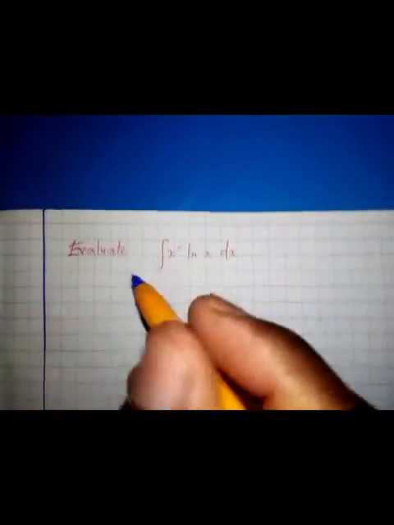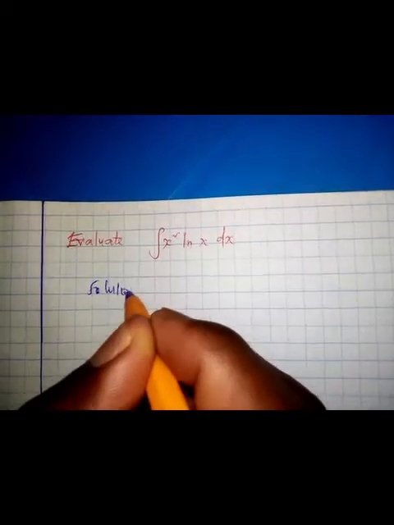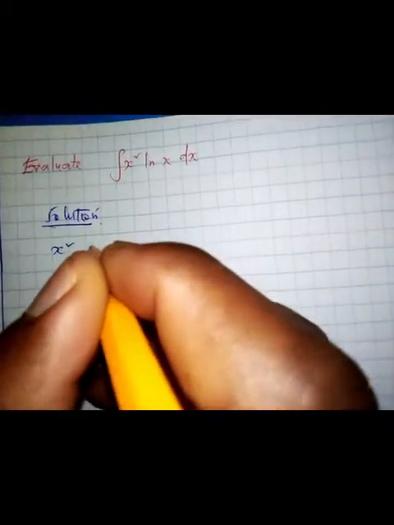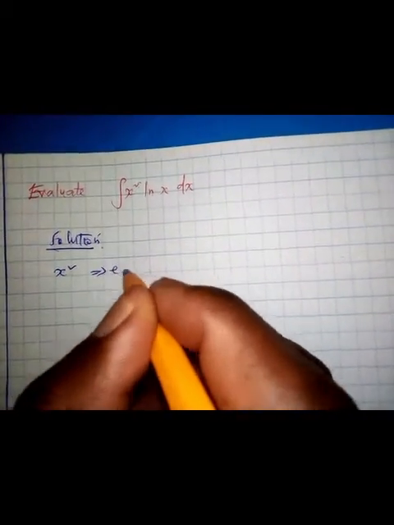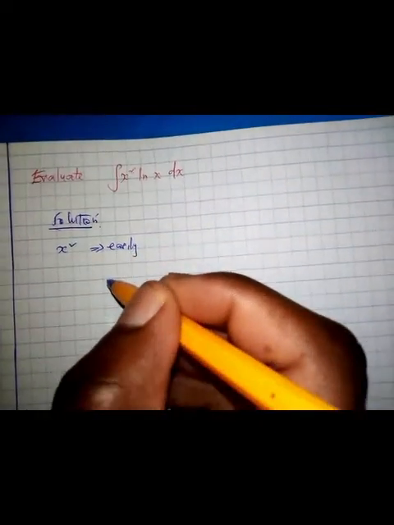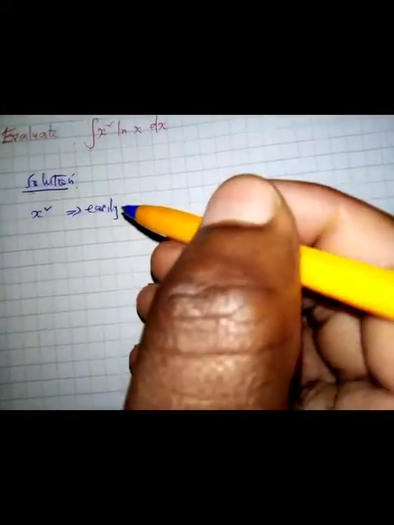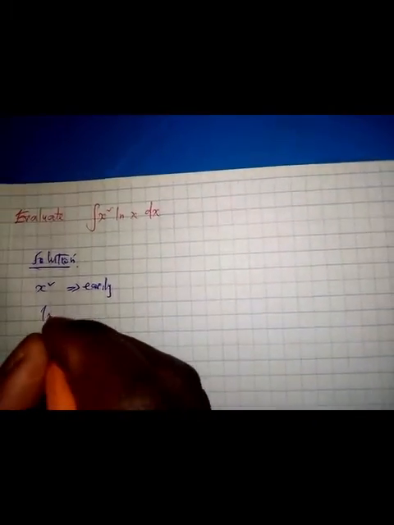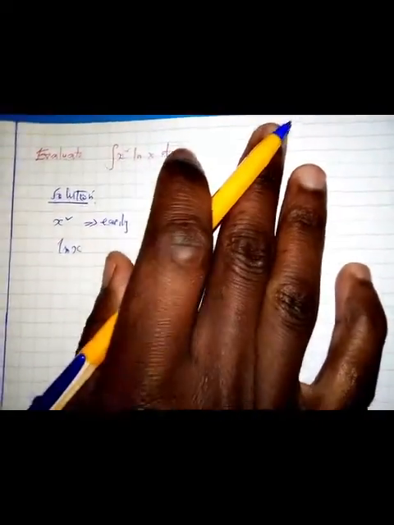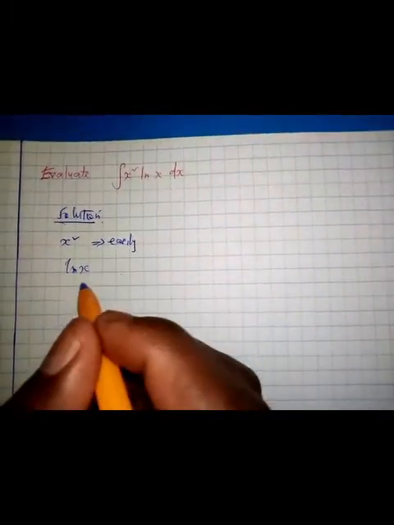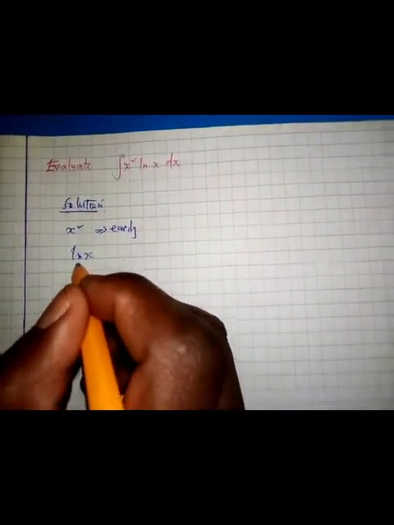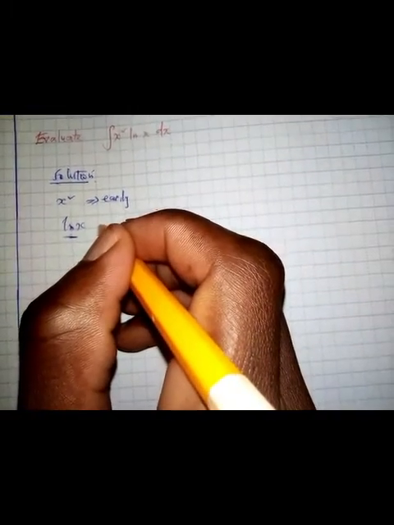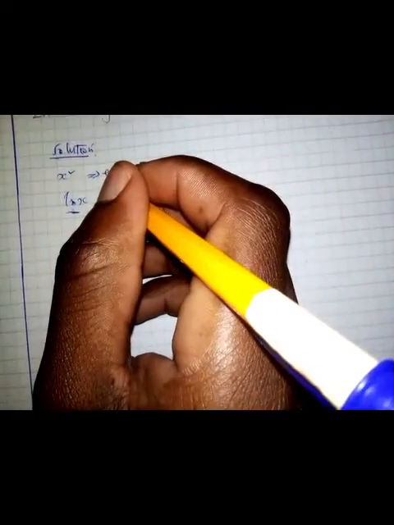Solution. In this case, x squared is more easily integrated than ln x. Furthermore, the derivative of ln x is simpler than ln x.